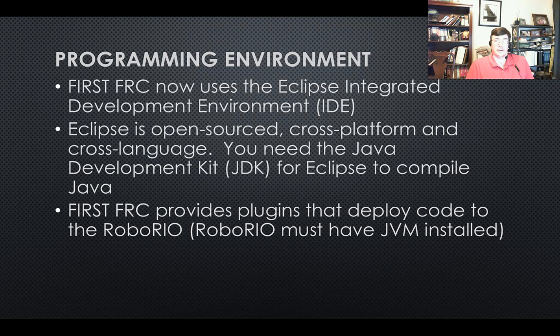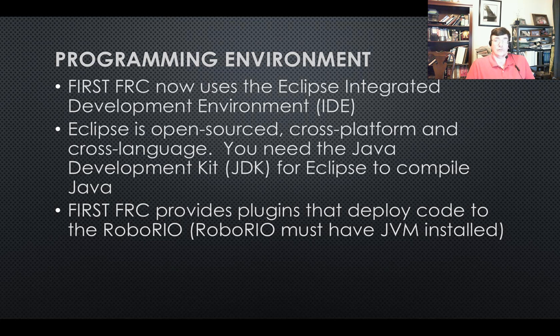When you format your RoboRio, there's a checkbox in the RoboRio formatting tool that lets you specify whether you want the Java libraries installed. If you remember back to the introduction to Java programming, the Java compiler is going to compile your program into bytecode, and it will deploy that bytecode in a Java archive, a jar file.